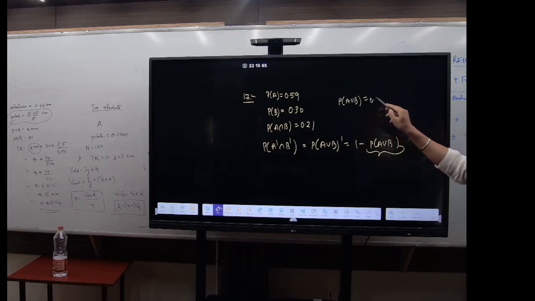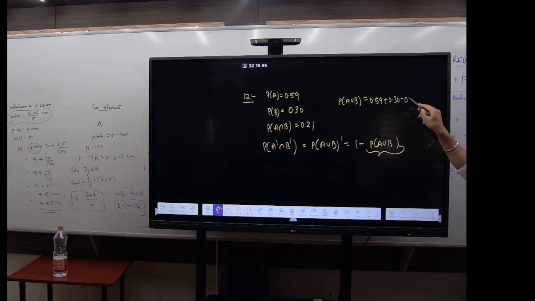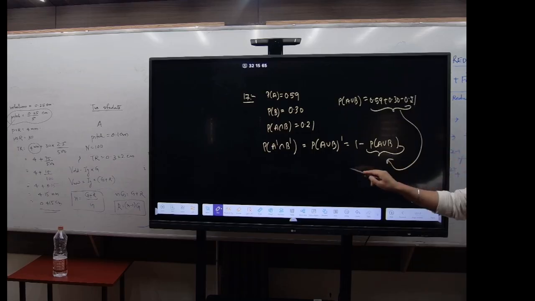Probability of A plus probability of B minus probability of A intersection B. Whatever value is there, put it, subtract from 1, and you will get the answer. What is the answer? 0.32. Is that understood? Simple questions.